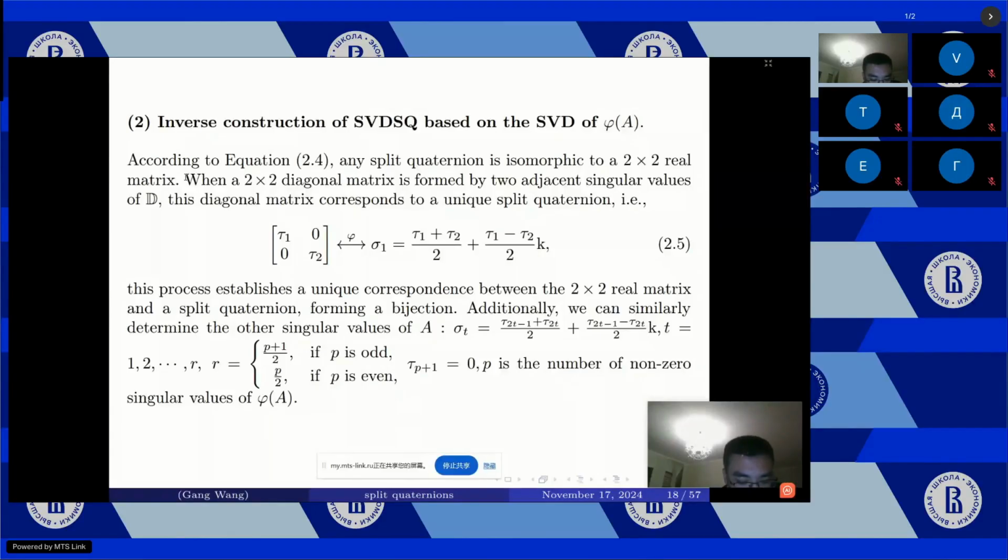By continuing this process, we can find all singular values of the original split-quaternion matrix by pairing the diagonal elements of D in sequence.